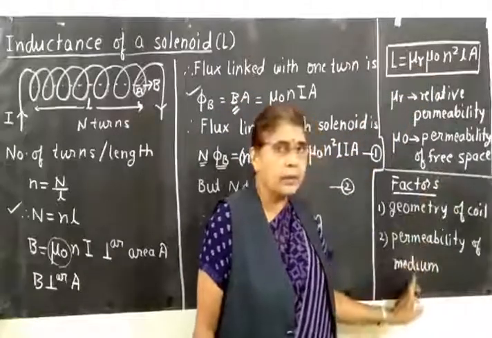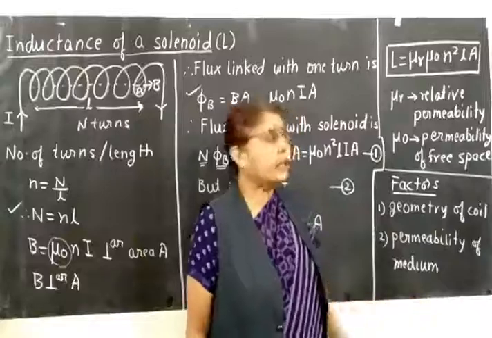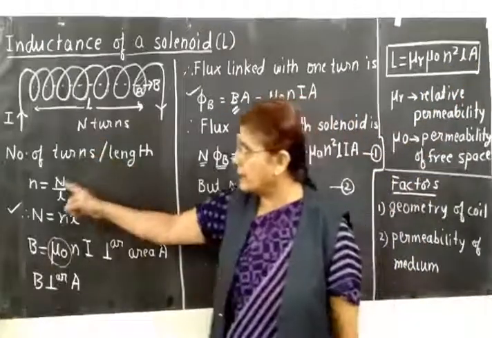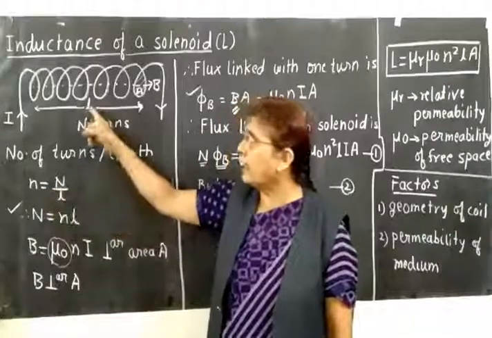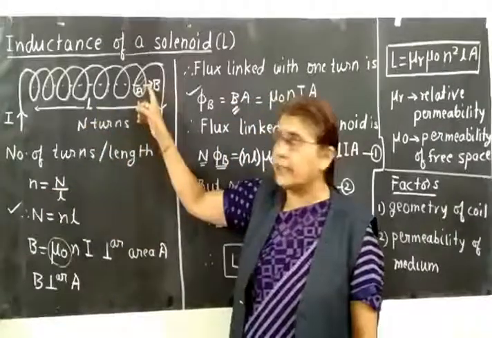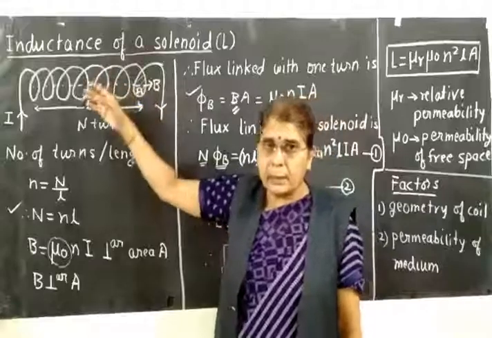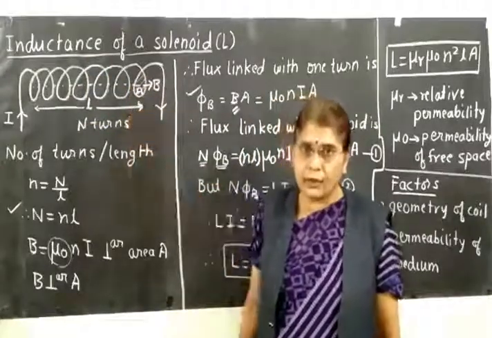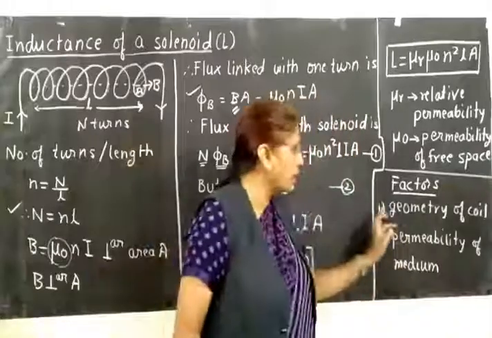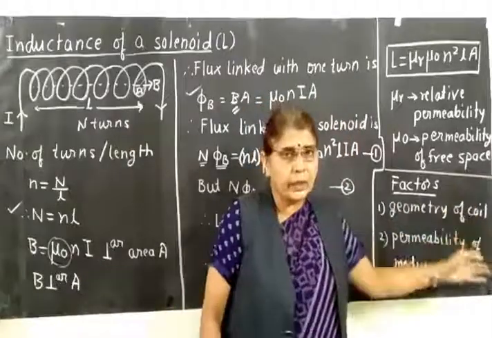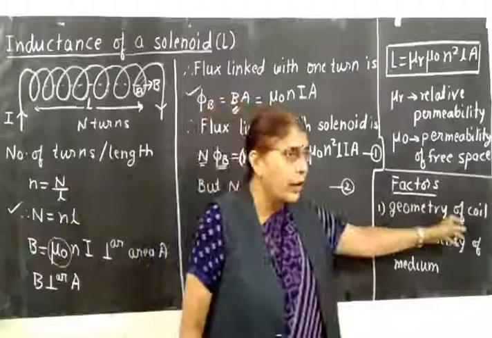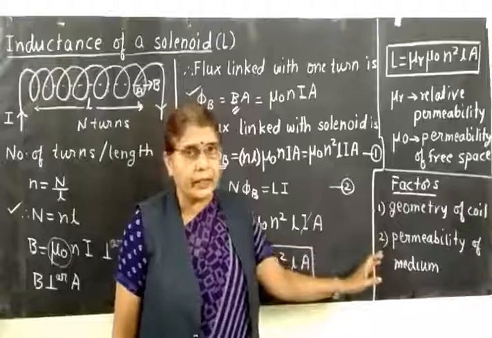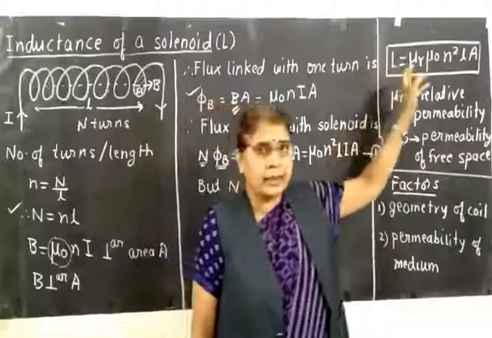It also depends upon n, l, A. n is number of turns per unit length, l is length of the solenoid, A is area of cross section. So it depends upon the design of the coil, that is number of turns, length and area of cross section. All this we shall call the geometry of the coil. So it depends upon the geometry of the coil and the permeability of the medium. These are the two main factors on which the self-inductance depends.